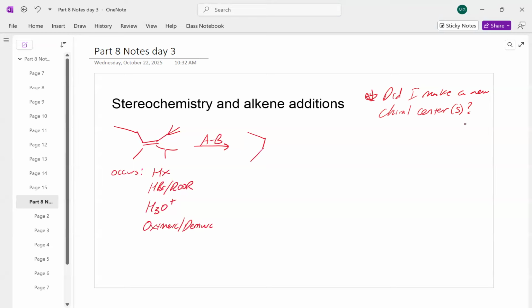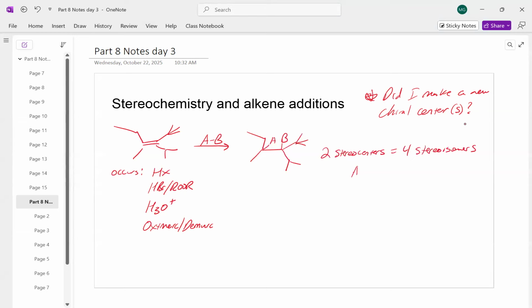Now, this particular example I have up here is kind of a special case because we end up making two chiral centers. Because of the mechanisms involved in these reactions, we have two stereocenters. And if you remember from our chirality chapter, that would lead to four stereoisomers or four products.